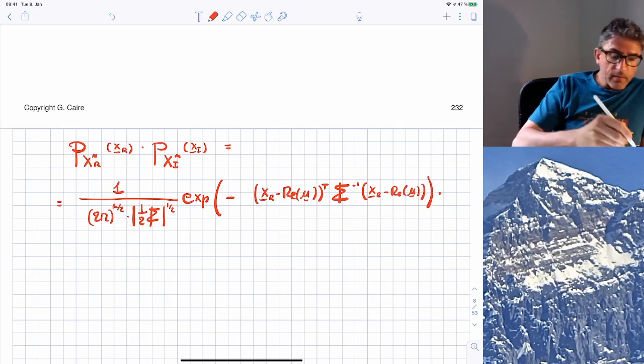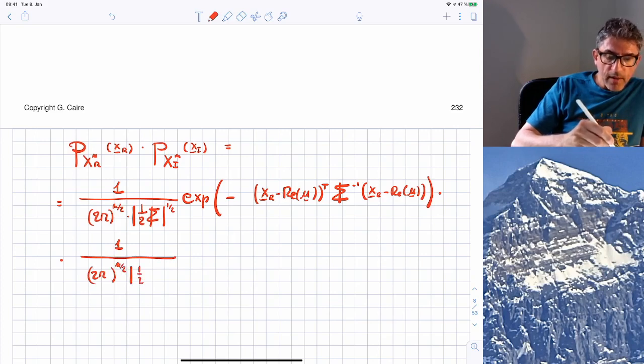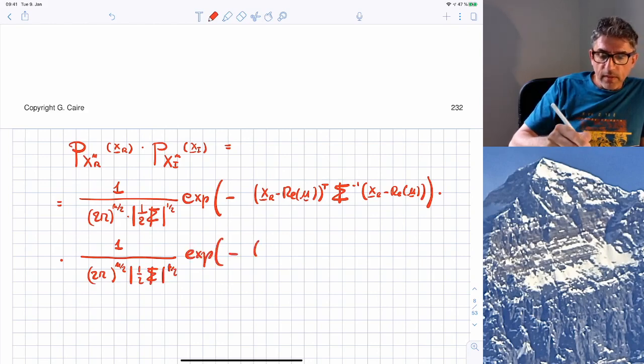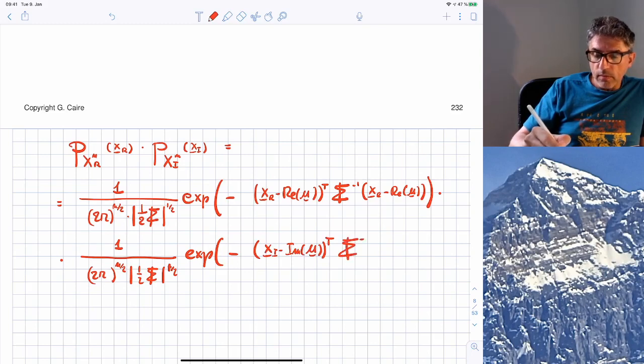And then times the other term, 1 over (2 pi)^(n/2) times the determinant of 1/2 sigma to the 1/2, and then I have xi minus the imaginary part of mu, transposed, and then the imaginary part.